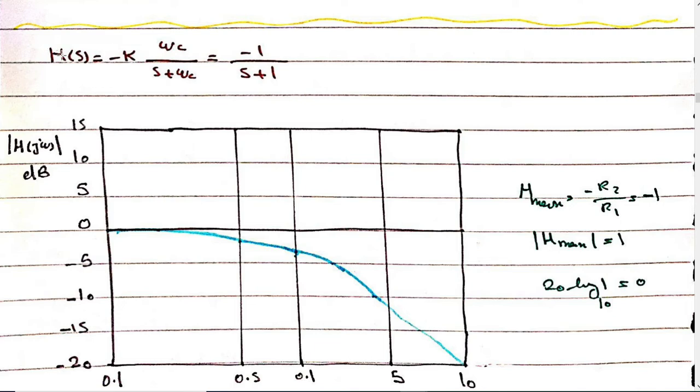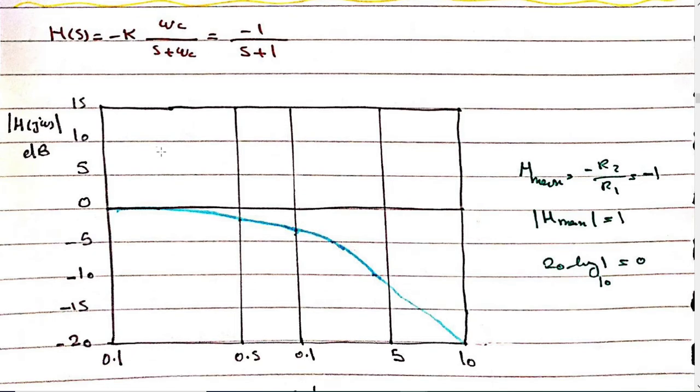So this is the final transfer function for this circuit: minus 1 over S plus 1. How about the Bode plot for this circuit? The magnitude of the transfer function in dB versus frequency. What is the maximum value? What is the gain for this circuit?